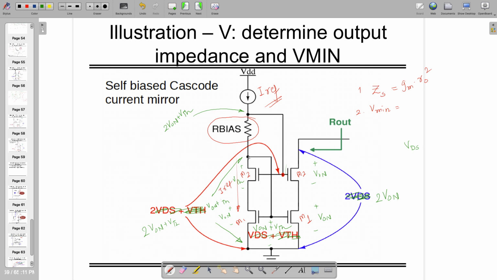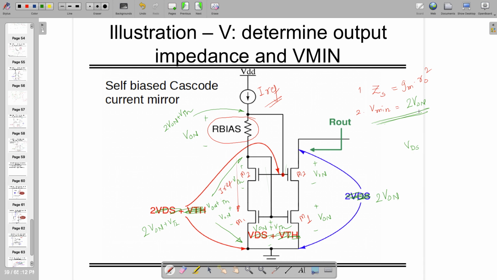So from here to here, if it is V on plus VTH, and if this is 2 V on plus VTH, we need to make sure that across our bias we see V on only, and notably V on has to be 300 millivolt or some number more than that, such that all the transistors come into saturation. If we do this back calculation in such a way, we get V min as 2 V on, and the source impedance is the same as the cascode one, which is gm ro squared. So still it's a winning situation, no problem. It's similar to the previous one.